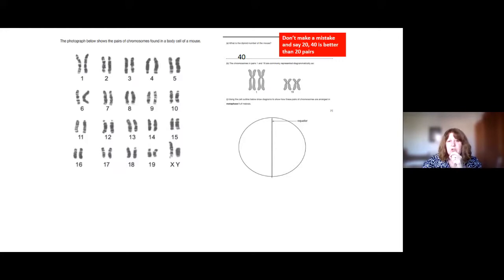How would you arrange those? Remember, it's metaphase 1. In the first phase, we get separation of homologous chromosomes, and in the second phase, we get separation of the chromatids. So have a little think how you would arrange those.